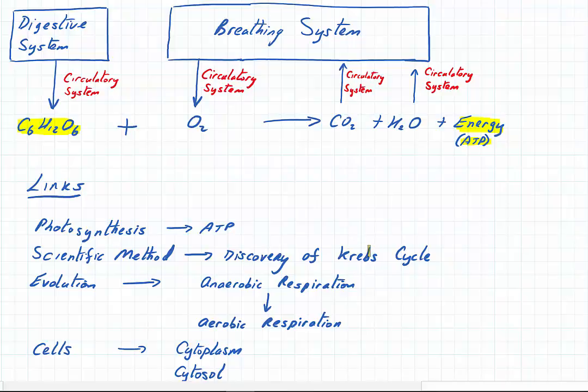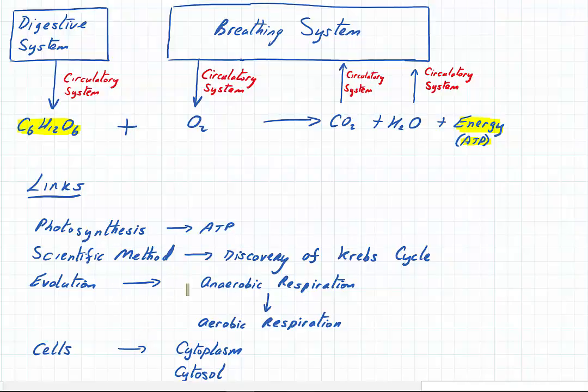This was a fairly recent discovery, relatively speaking. A guy called Hans Krebs discovered this in the 1960s, and obviously he would have gone through all the steps of the scientific method before this discovery would have been accepted universally by all scientists. So there's your reference to the scientific method, which is also on your course.